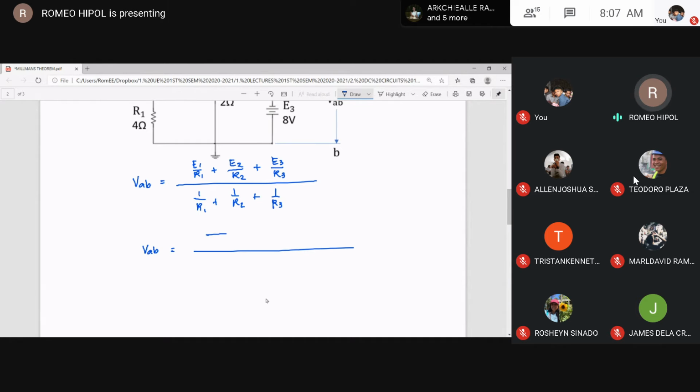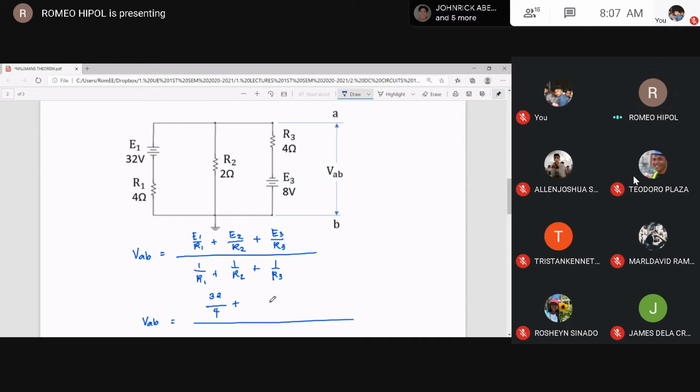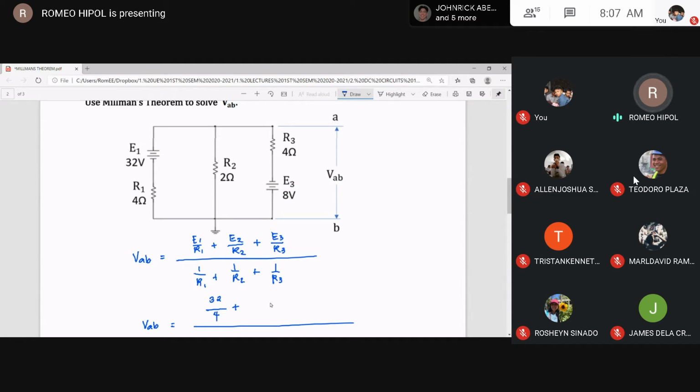so E sub 1, battery 1, is equivalent to 32 volts over 4 plus, in this case for the second branch we do not have a source, so 0 over 2. Then considering the third branch, we have the connected supply which is opposite.